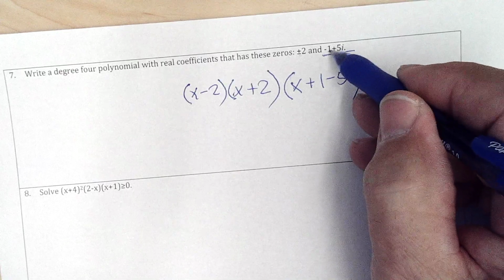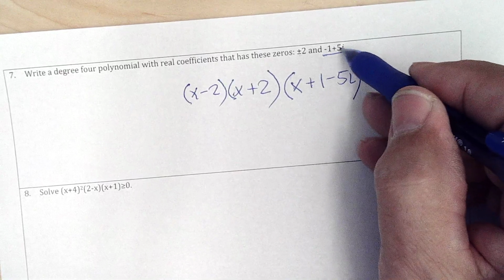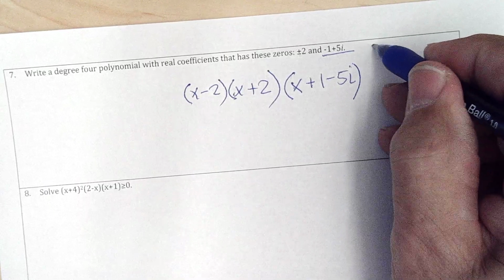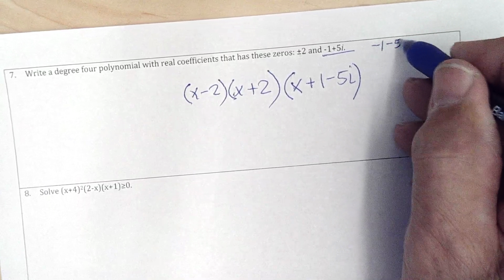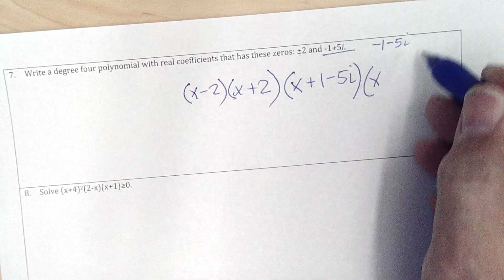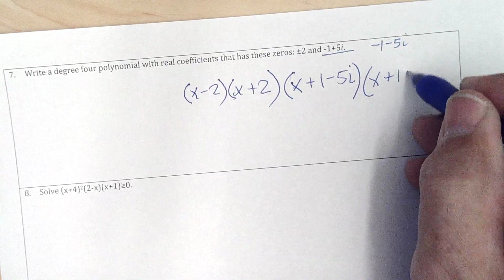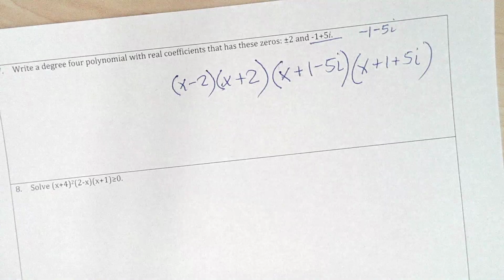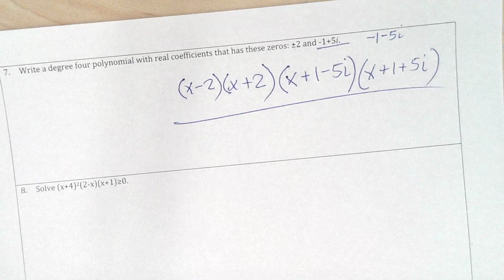The square root in the quadratic formula, it's minus b plus or minus, so this part is plus or minus. So the other one has to be -1 minus 5i. So the factor is x minus this, which is x + 1 + 5i. And then I could put any multiplier there if I want, but I'll just go with that.